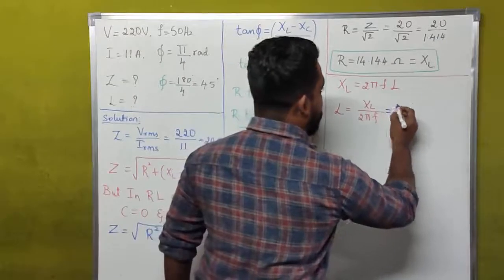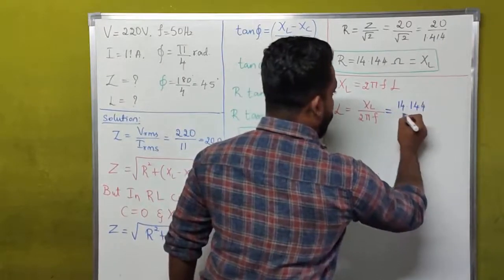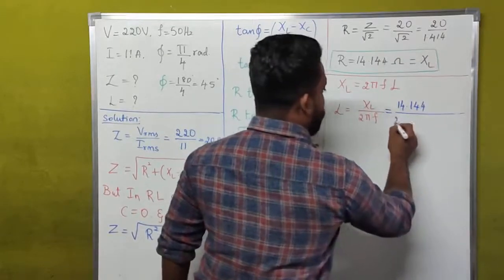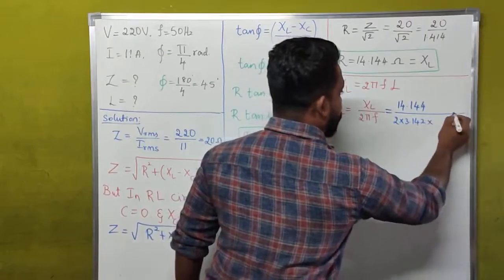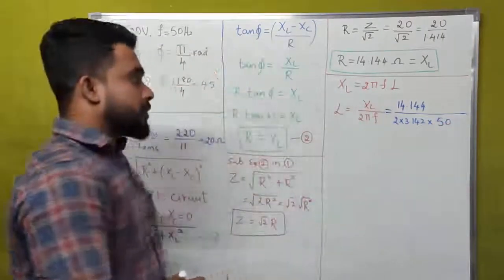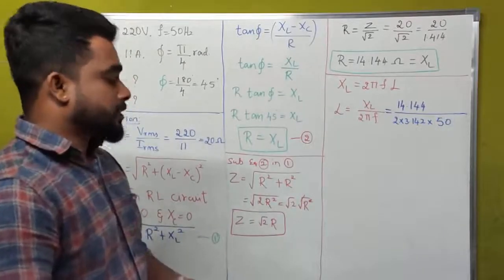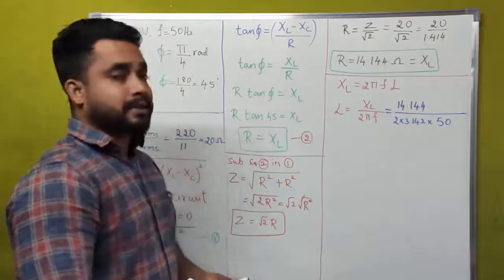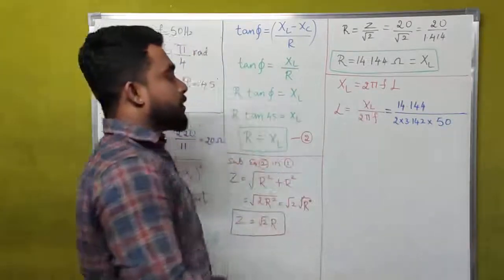What is XL here? That is 14.144 divided by 2 into 3.142 into frequency of AC, which is 50 Hertz. This is the value of frequency. The expression for L is equal to XL divided by 2 pi F. By modifying this expression, we got this.